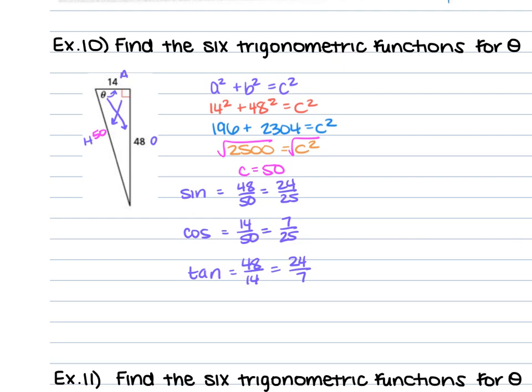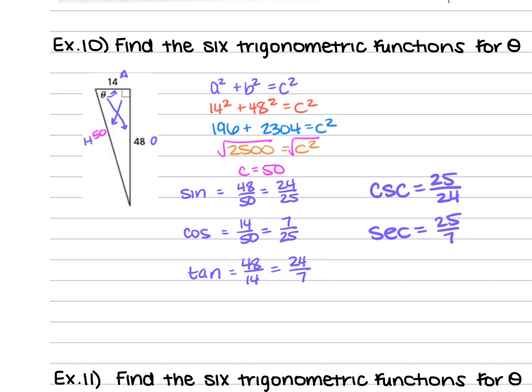For our cosecant, we're going to represent it as CSC, which is the reciprocal of 24 over 25, so 25 over 24. For cosine, the reciprocal of that is secant, so that's SEC, and that's going to be the reciprocal of 7 over 25, so 25 over 7.